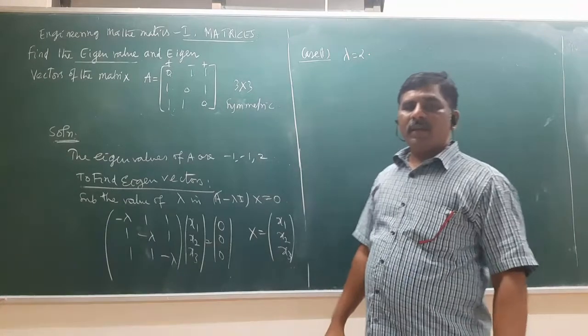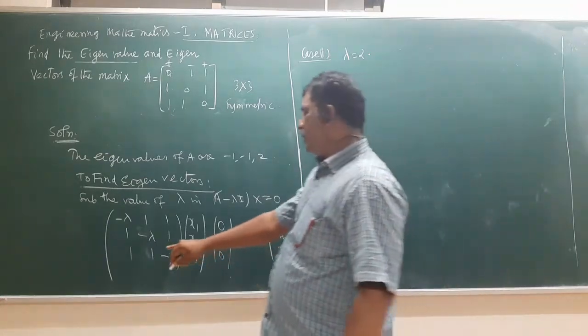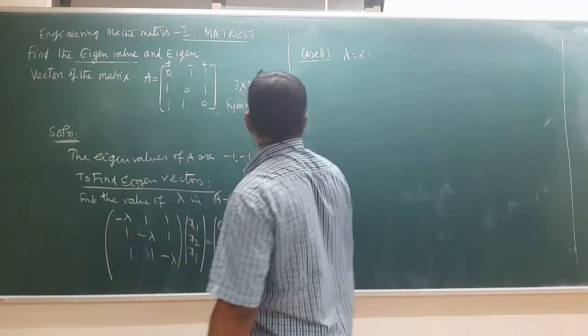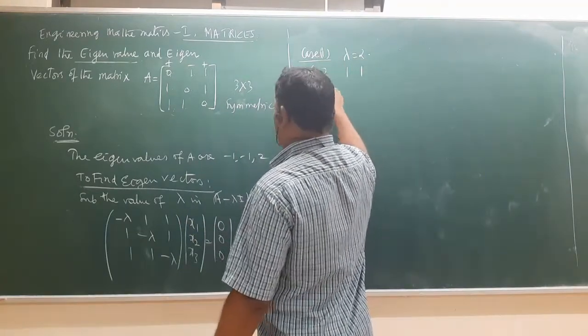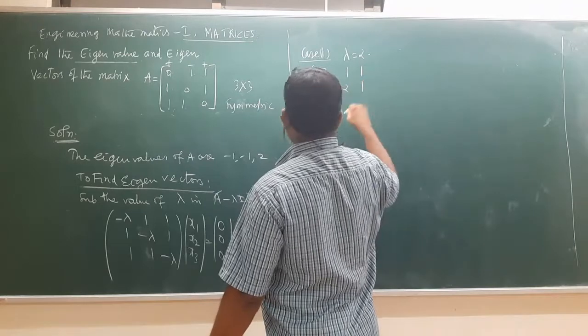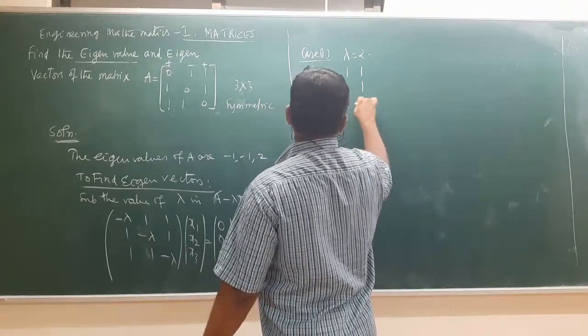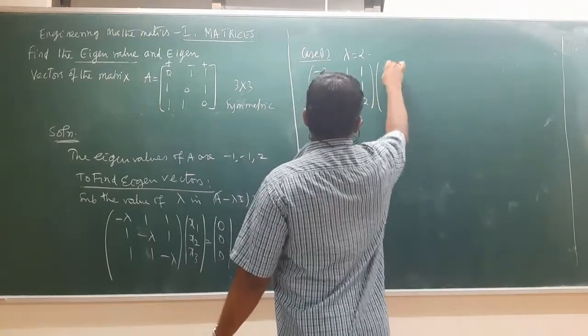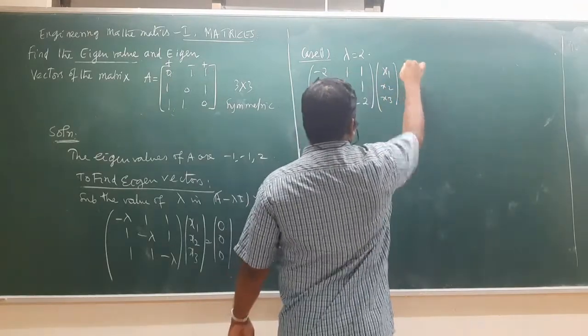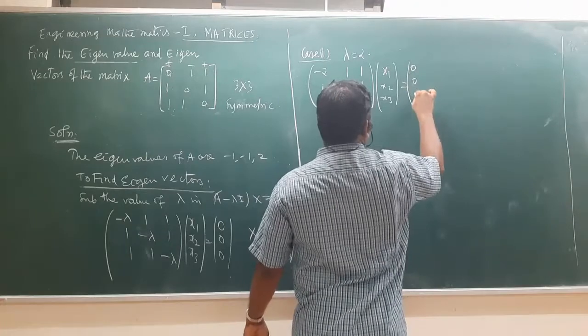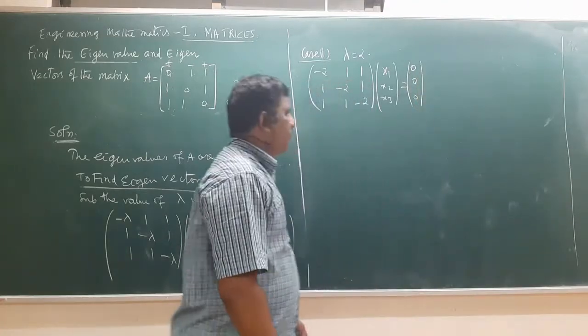When you take that lambda equal to 2, what is this equation? This will come as minus 2, 1, 1, 1, minus 2, 1, 1, 1, minus 2, times x1, x2, x3 equal to 0, 0, 0.